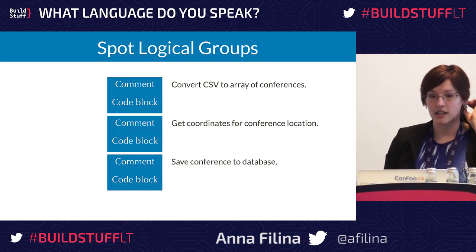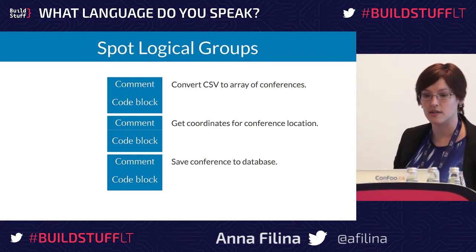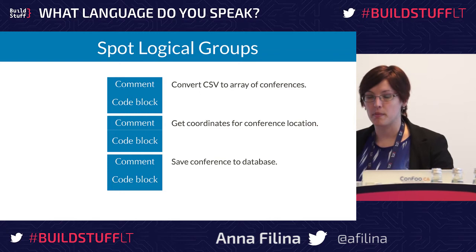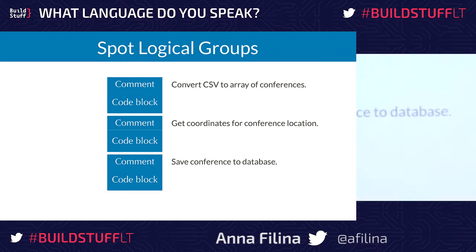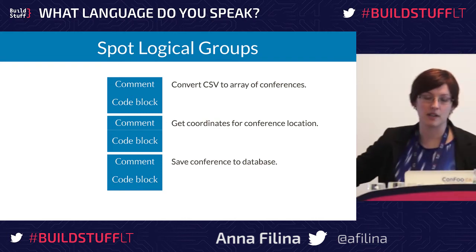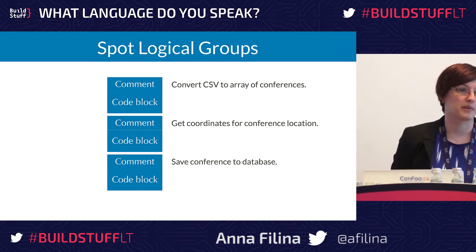So let's think back to the long method I showed you. It had 3 major parts. First, it converts a CSV to an array of conferences. What we're trying to achieve is grab a CSV and plot conferences on a map.